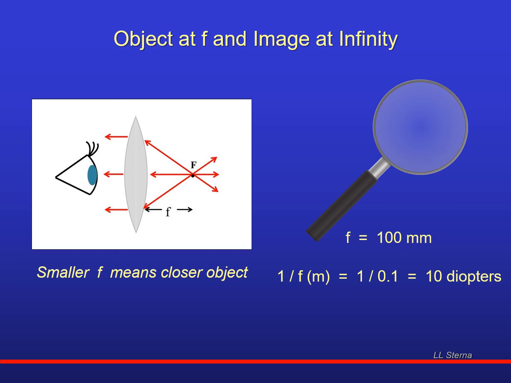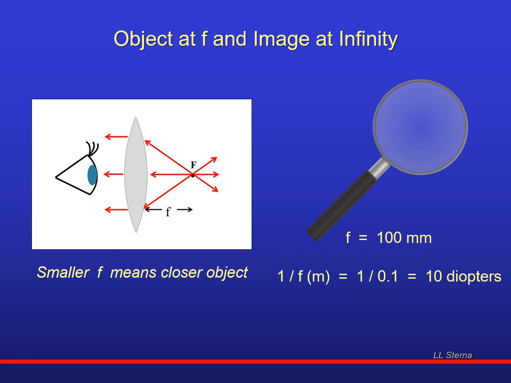So that sounds pretty good, because if I get a prescription for contact lenses or glasses, 10 diopters would be pretty big. Usually they're going to be somewhat smaller than 10 diopters. Now, it doesn't have to be, but 10 diopters is a decent size number. But then you wonder, what's the magnification?